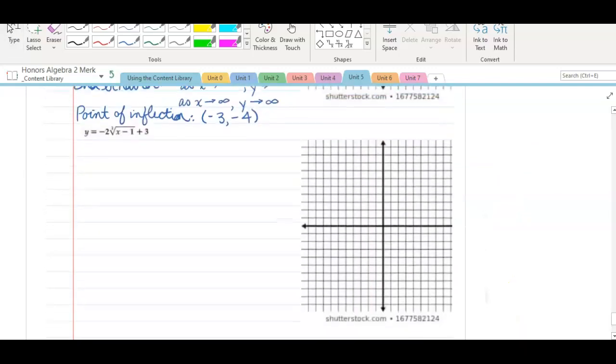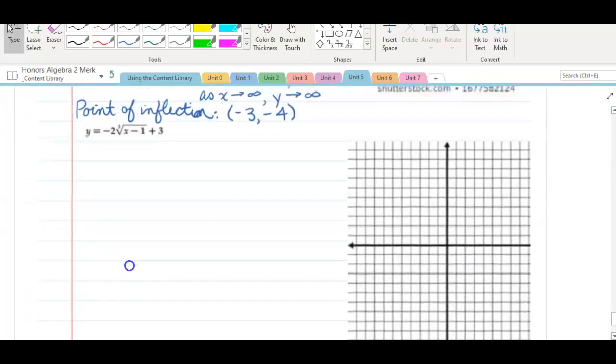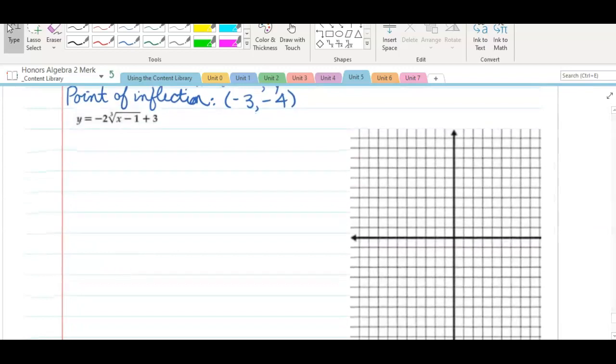Okay, let's talk a little bit about this next one. Again, we have lots happening. We're adding a number outside, we're subtracting a number inside, we've got a negative out front, we have a 2 as a coefficient. This is going to cause a reflection over the x-axis. It's going to cause a vertical stretch.